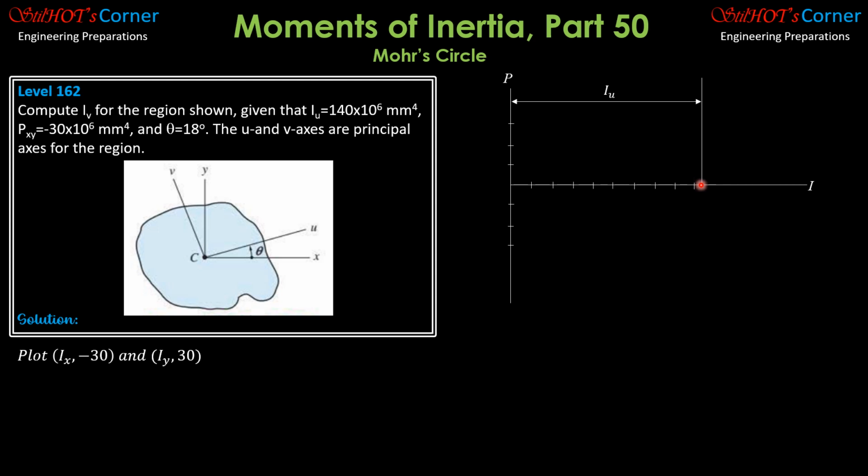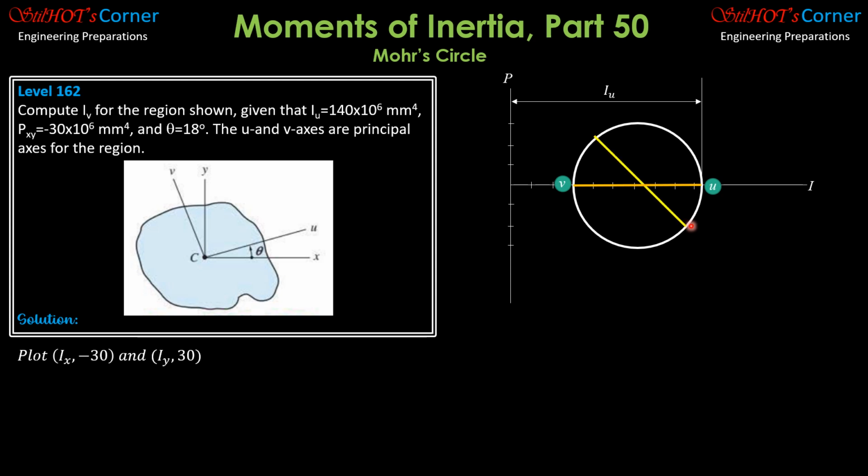Then we draw the Mohr circle. That's the u-axis. The v-axis is on this side here. And that's the Mohr circle. I sub u is given. It is equal to I sub v plus the diameter of the Mohr circle. This is the diameter. This is also the diameter.